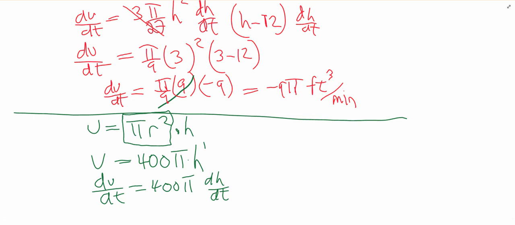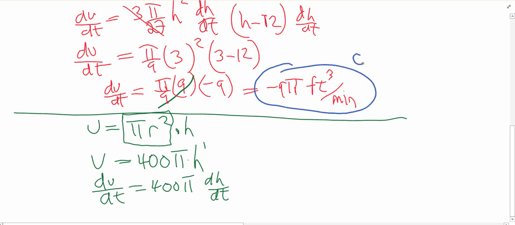Okay, so from the first part, let's see if we can make some sense out of this. This dV dt was water coming out of the cone, right? Coming out of our cone, and it was dripping into our cylinder, right? So if it's coming out of the cone, that's why this is a negative unit.